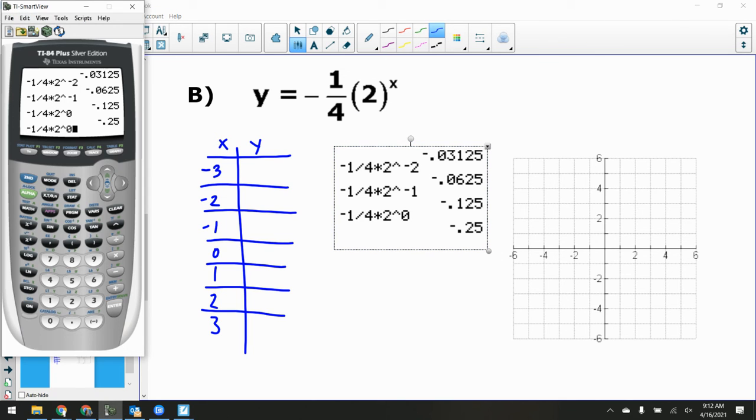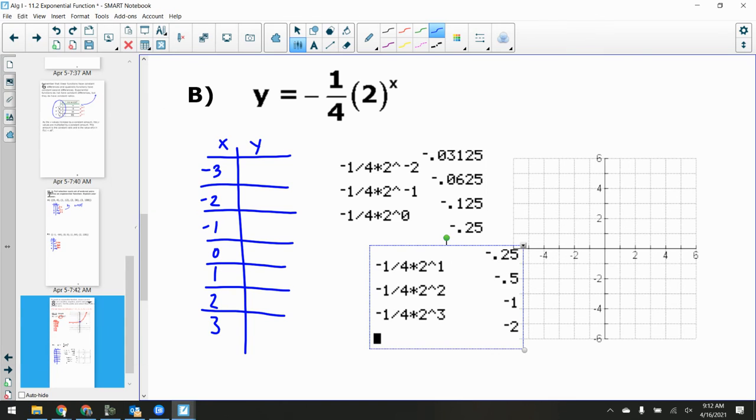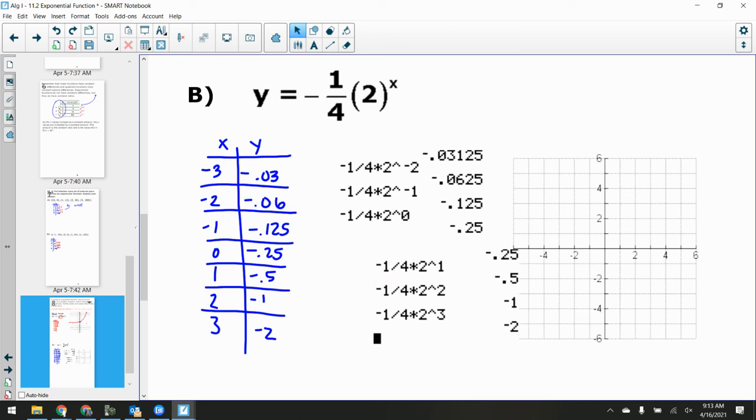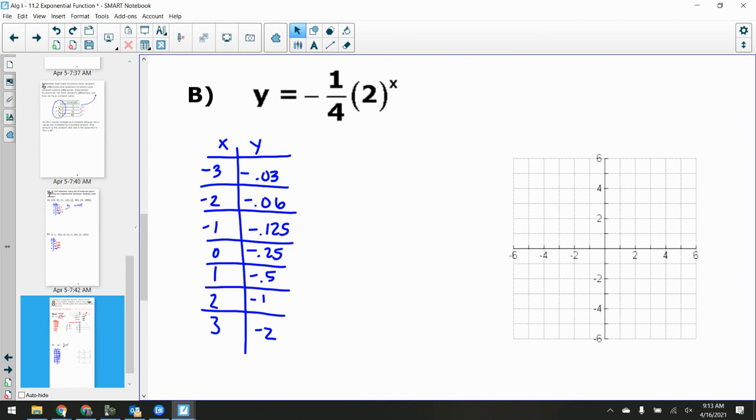And then we're going to do to the 1 power, to the second power, to the third power. Okay. There we go. All right, so we have negative 3, negative 0.03, negative 0.06, negative 0.125, negative 0.25, negative 0.5, negative 1, negative 2. All right, now we graph it. We get these guys to go away now. So long.